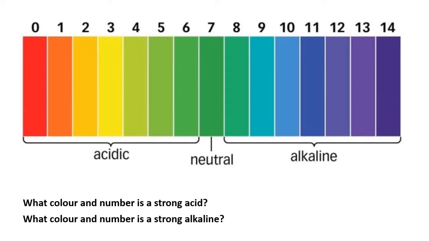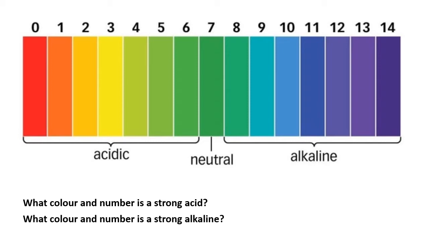Just recapping on what we did last lesson. We learned about acid and alkaline and neutral. We understand what acid is, and we understand what alkaline is and the numbers that it represents. What colour and number is a strong acid?